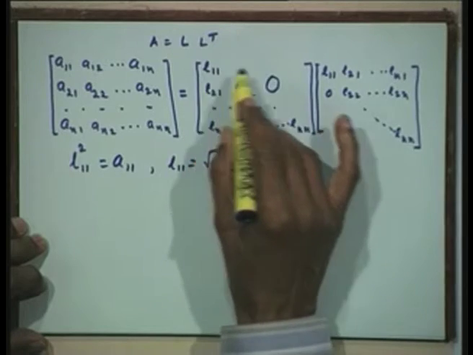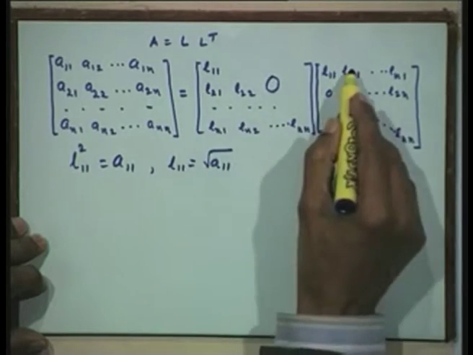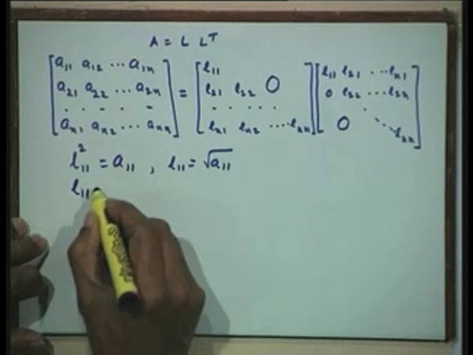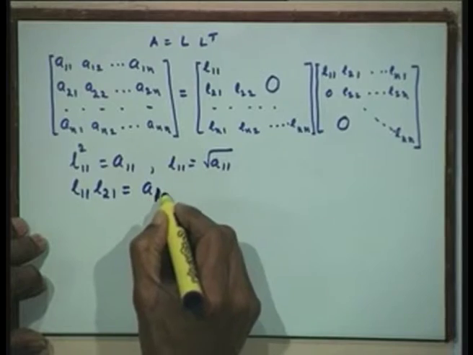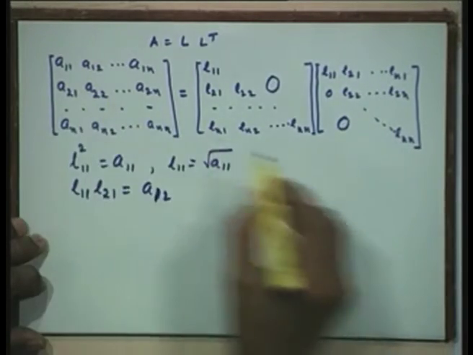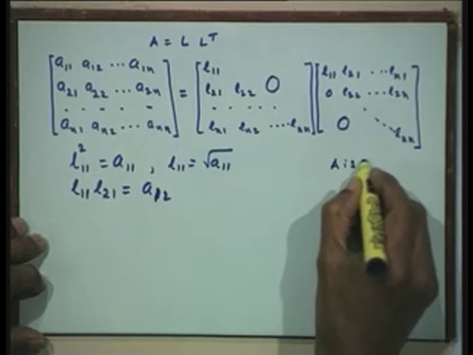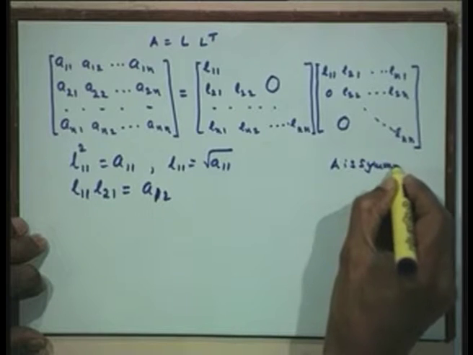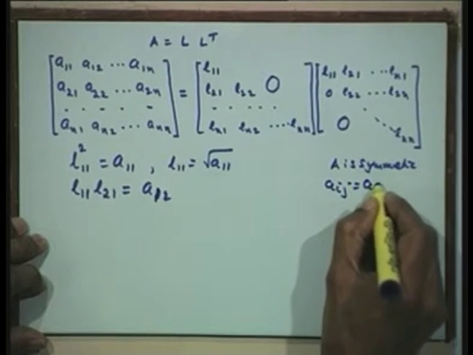Now, I complete the multiplication of the first row and the other columns. So, L11 into L21, L11 L21 is A12. This is the product of this and this, and here A is symmetric. A is symmetric we have taken. Therefore, Aij is equal to Aji.